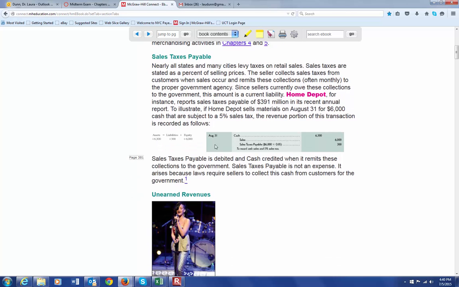But as an example of a specific sale, if Home Depot sells material on August 31st for $6,000 and it's subject to a 5% sales tax, then this is how they would record that. They don't just bring in $6,000, they bring in $6,300 because 5% of $6,000 is another $300.